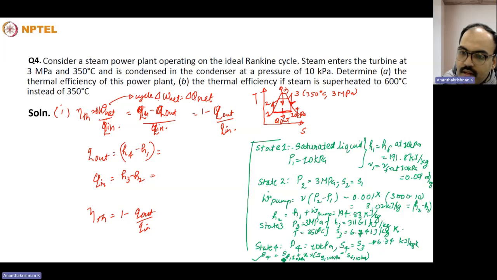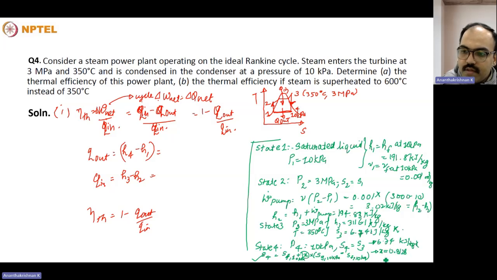And then you can get from the steam table the entropy corresponding to saturated liquid at 10 kilopascal, and the saturated gas corresponding to 10 kilopascal also. And you will get the value of X. So I get X as 0.8128.